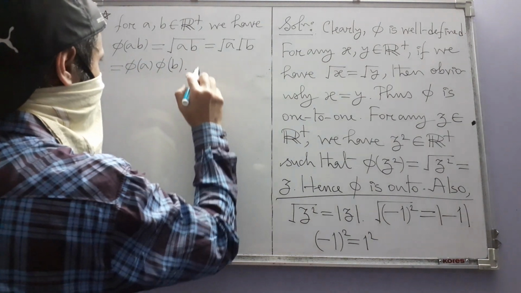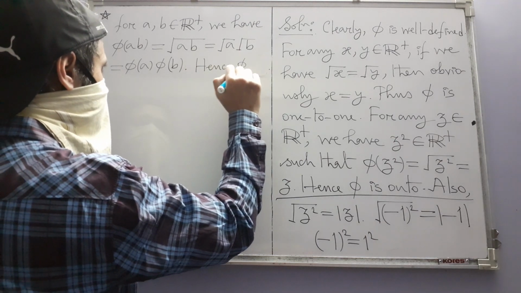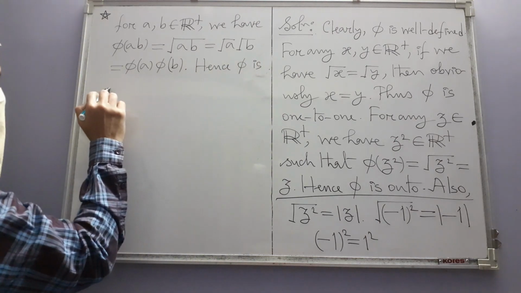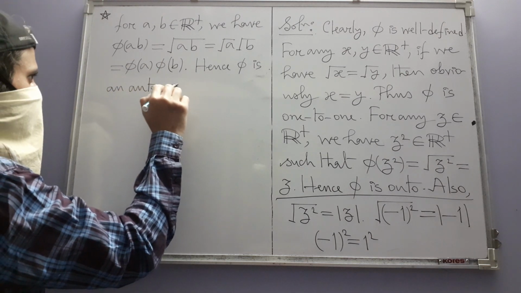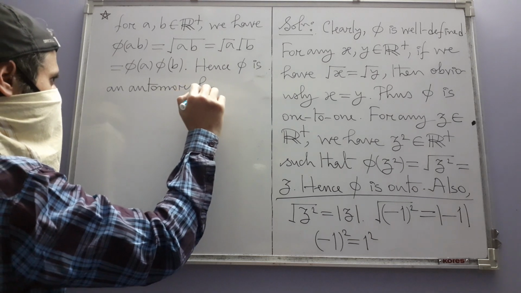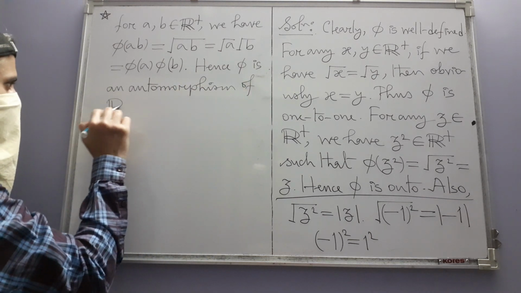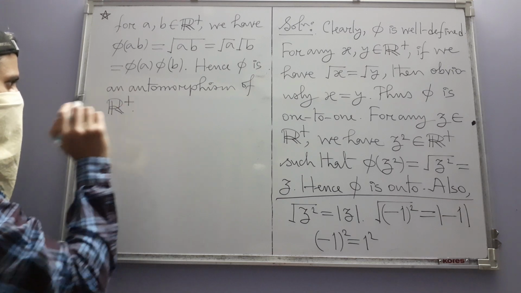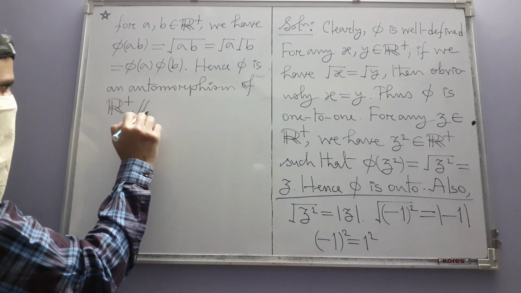Now we are done. Hence, phi is an automorphism of the multiplicative group of positive real numbers, and this completes the solution.